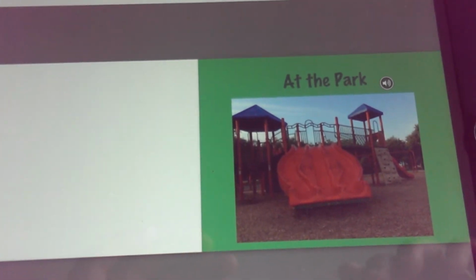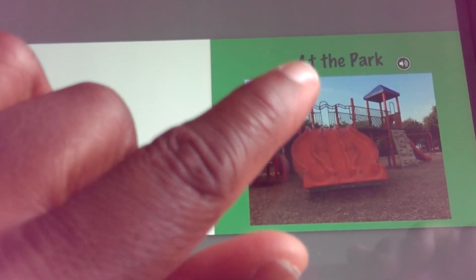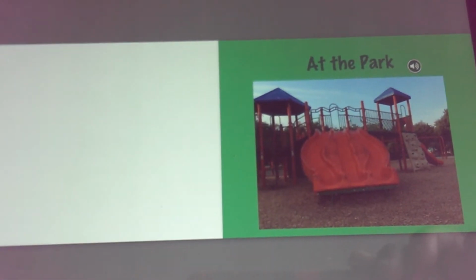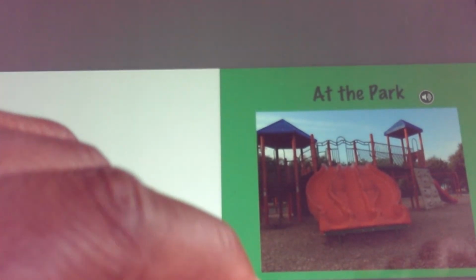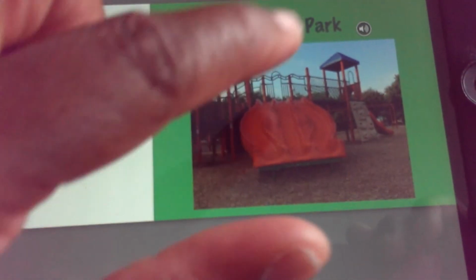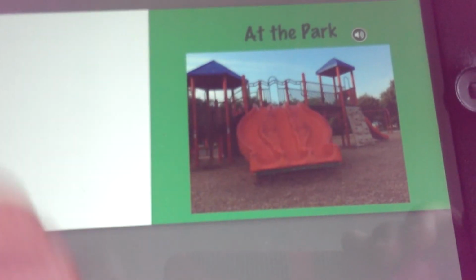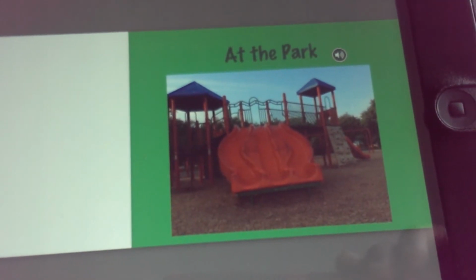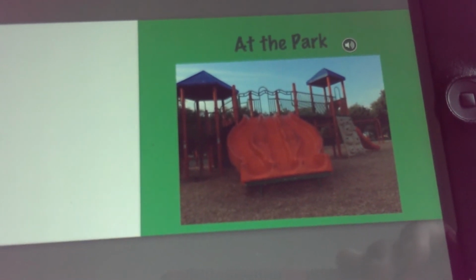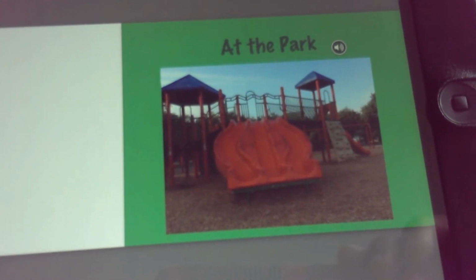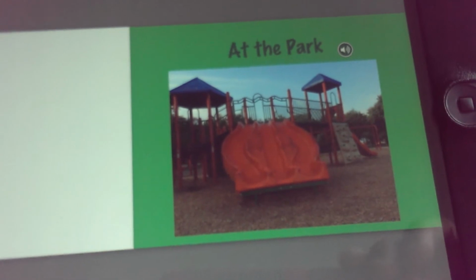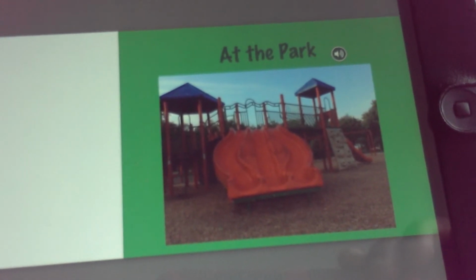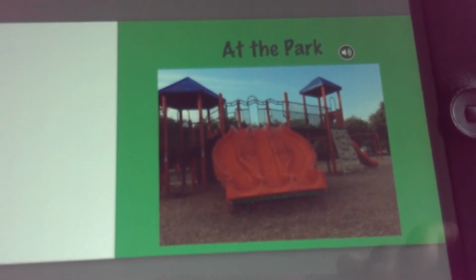And for this particular book, there's a sound button on every page. The fun part about this, once you're in iBooks, is that you can actually make that sound button invisible and then go ahead and add it to the first letter of the first word in your sentence, and students can know to just tap there if they would like it to be read, or if they want to check that they're reading correctly.